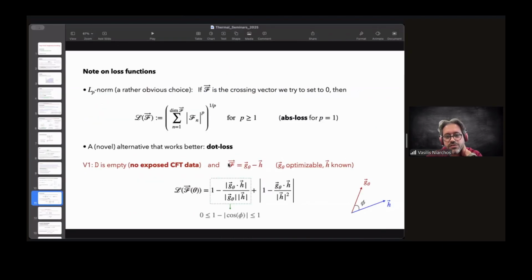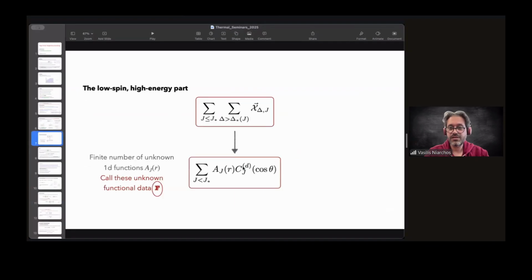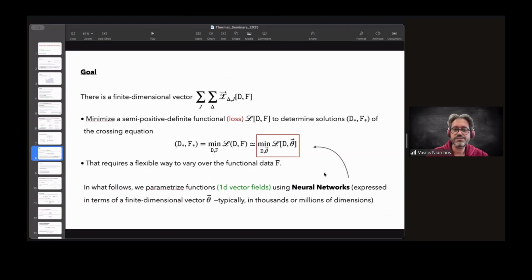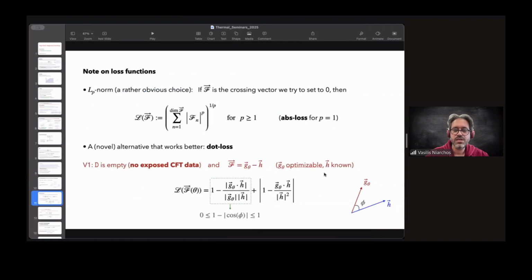Let's say the crossing vector is expressed in terms, and I'm not exposing any operators. That means when I do the split here, I'm putting nothing on this part. So delta star is very low, and I'm not exposing any operator, any CFT datum. Everything is hidden inside the unknown functions. In that case, the crossing vector, roughly speaking, has the following form.